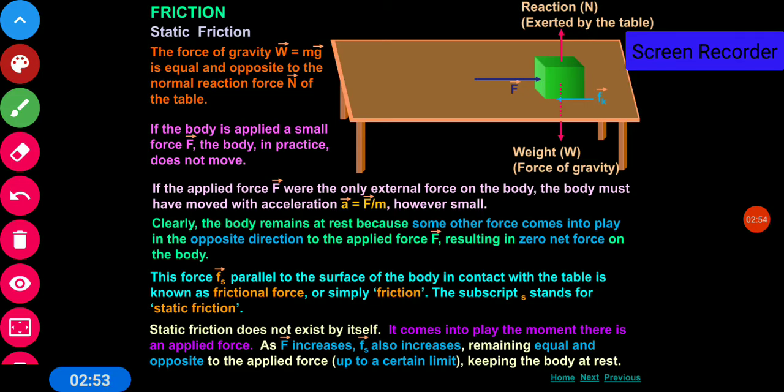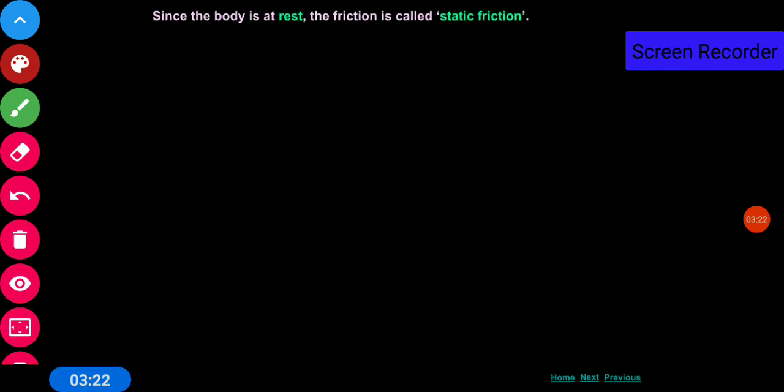As F increases, Fs also increases, remaining equal and opposite to the applied force up to a certain limit, keeping the body at rest. So in a nutshell, we can say that friction comes into play only when some external force is applied over it, or whenever there is a relative motion between the two surfaces in contact, the force of friction comes into play.